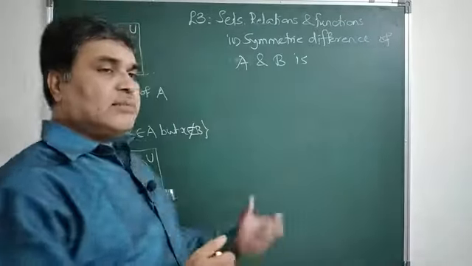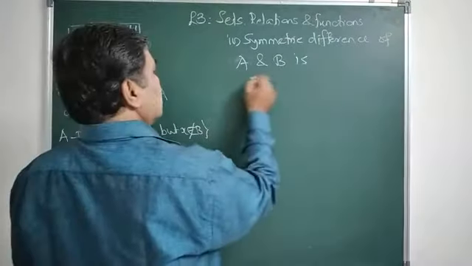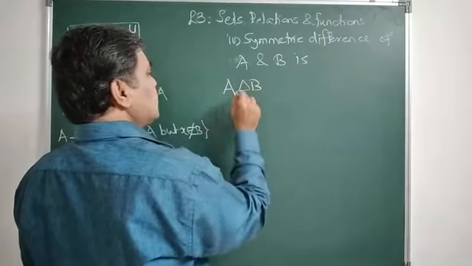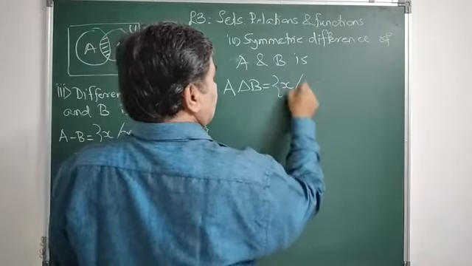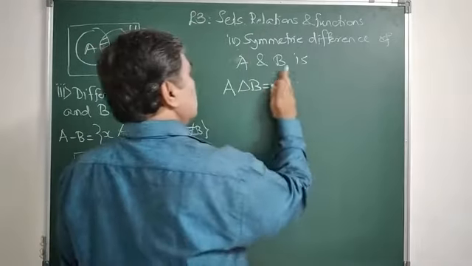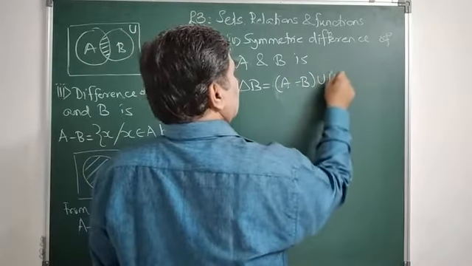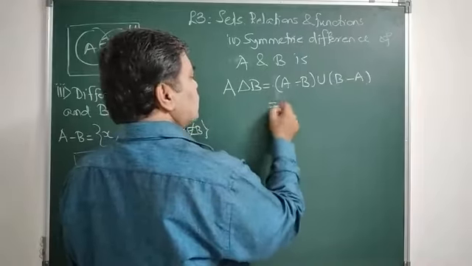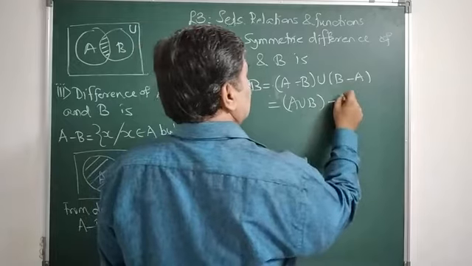So it is nothing but A union B minus A intersection B. Okay, and it is denoted by A triangle B. This is the notation for symmetric difference. This is the set of those x's, or this is A minus B union B minus A, which is equal to A union B minus A intersection B.